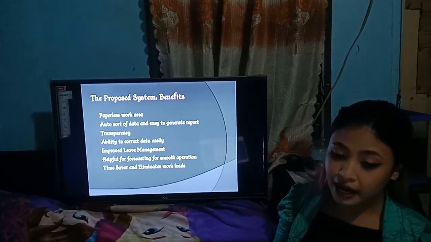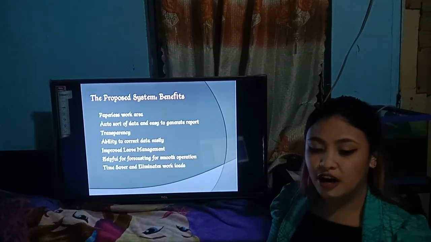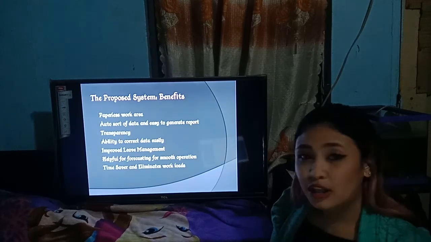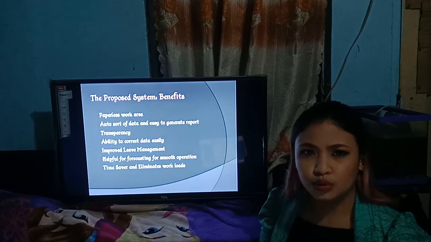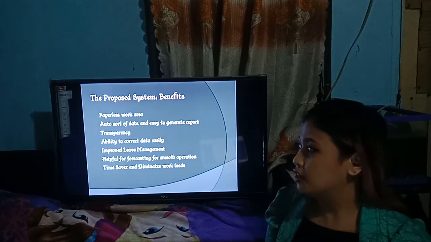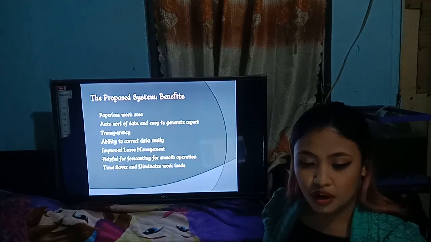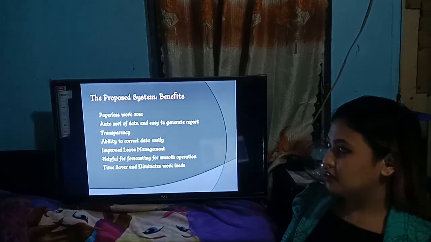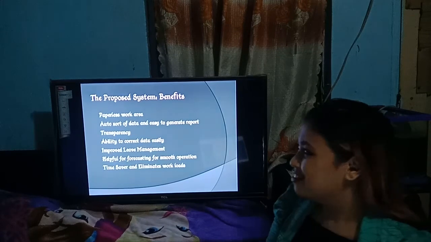Number 1, it will make a paperless work environment since they will no longer fill out printed forms and use time cards. Number 2, it can auto-sort and easily generate reports, which are missing from the manual method. Number 3, transparency.